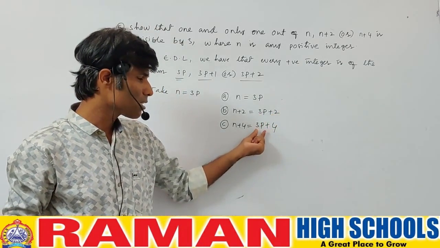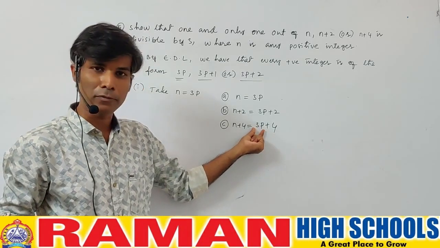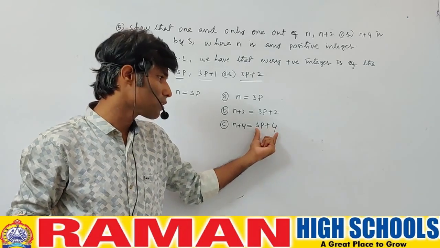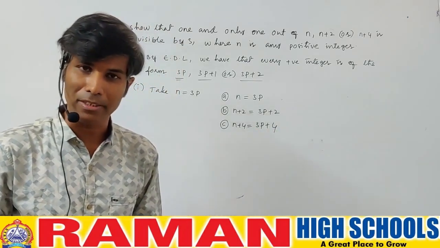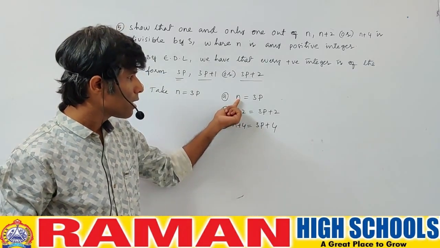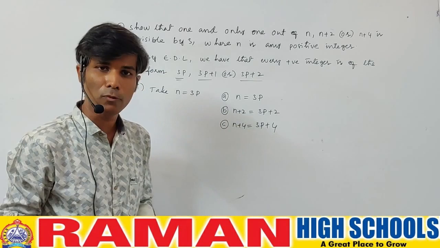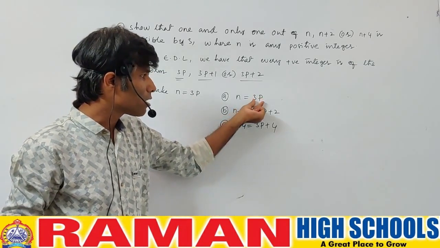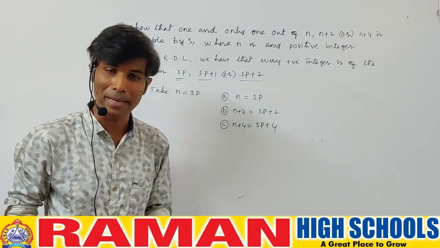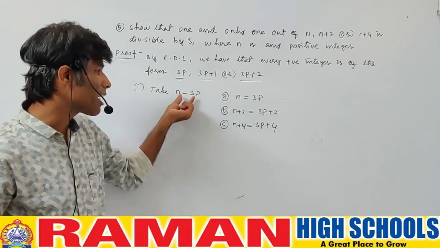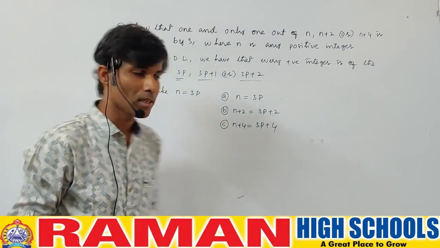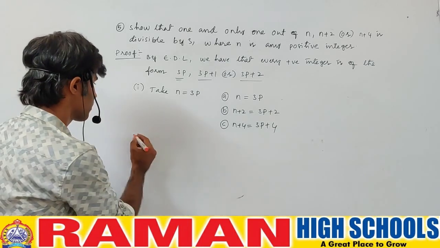And if you see this, 3p is a multiple of 3, but 4 is not a multiple of 3, therefore 3p plus 4 is not divisible by 3. So we can observe that among n, n plus 2 and n plus 4, only 3p is divisible by 3, that is n is divisible by 3. When you are taking n equals 3p, only n is divisible by 3. So let us go for the next case.